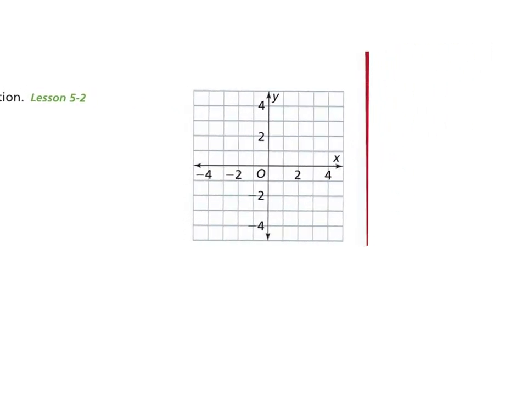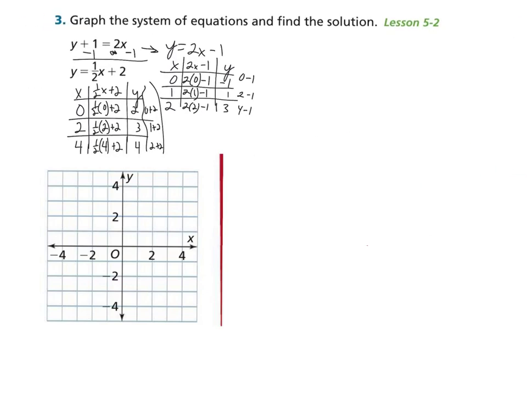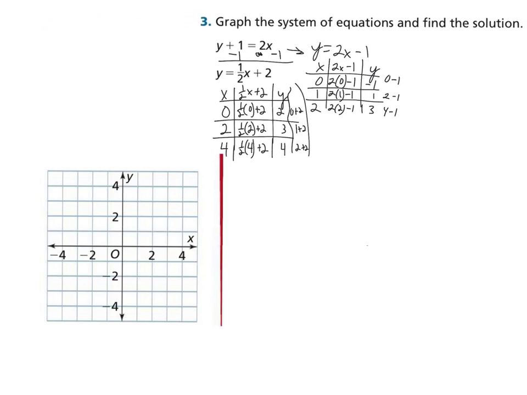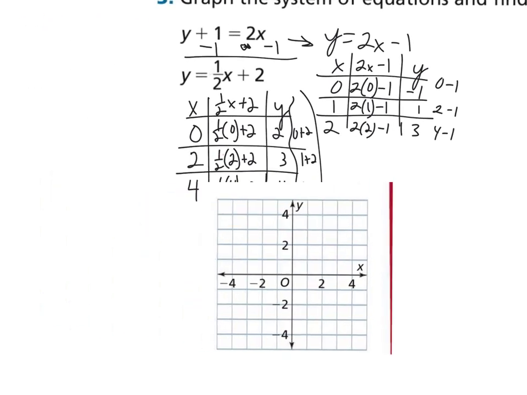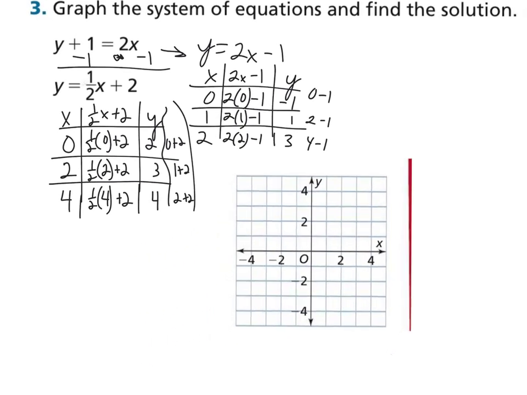So these would be the points. And bring this over a little closer so we can see both of them at the same time. So this would be our first line.